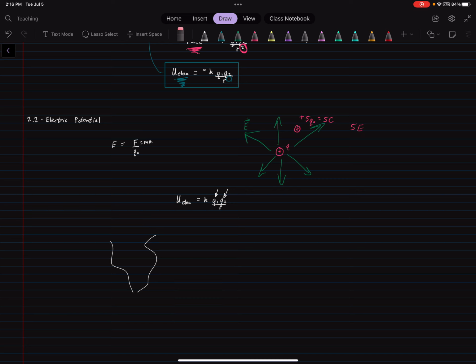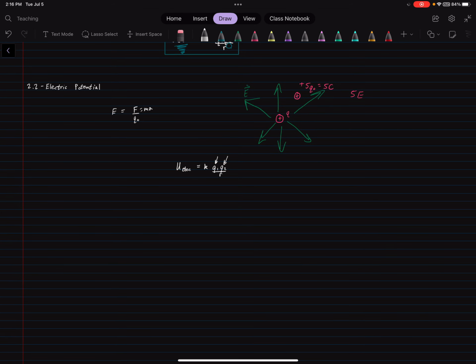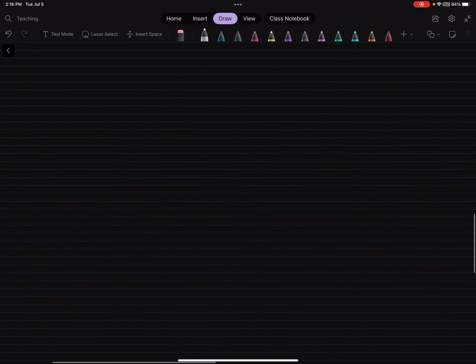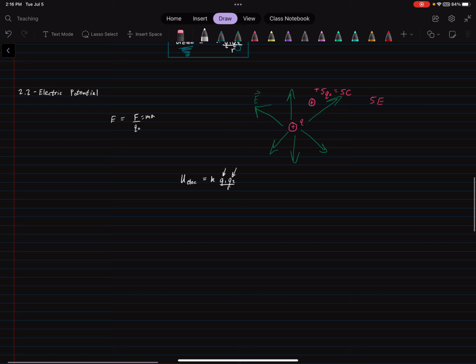And so for this case, we are going to simply divide this electric potential energy by unit charge. We're going to call this capital V for potential. So U electric divided by a unit charge. We're going to pretend that one of these is like a unit charge, we'll say it's Q2 maybe.